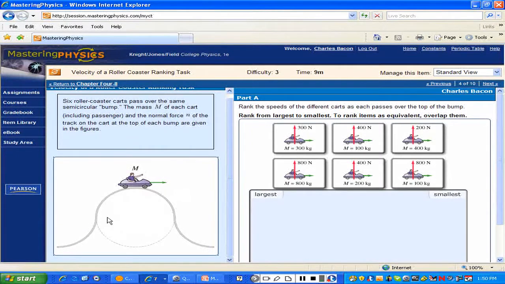Now, why is this circular path important? Why are we being told it's following this semicircular bump? And what do we know about Newton's law as it deals with things that go in circles?